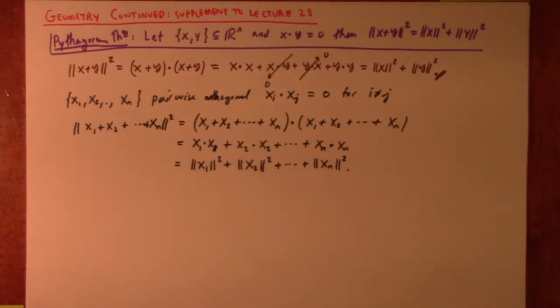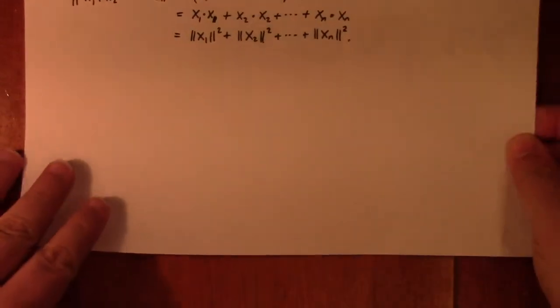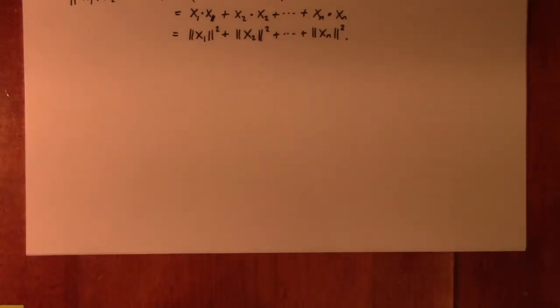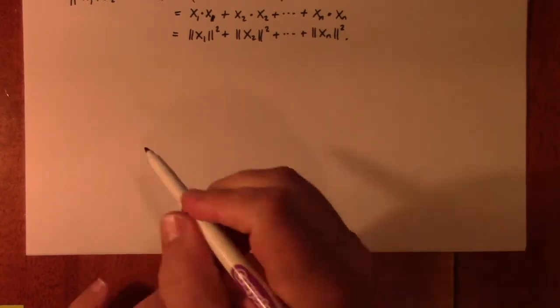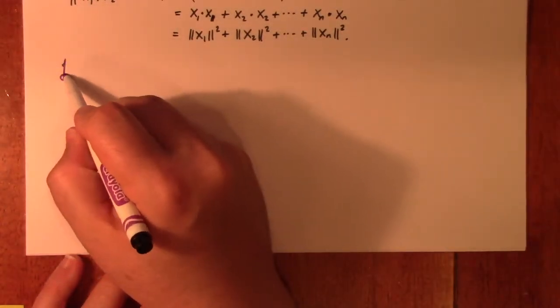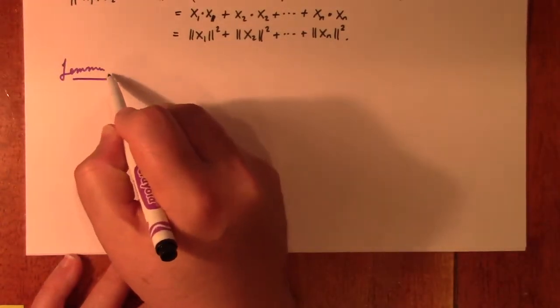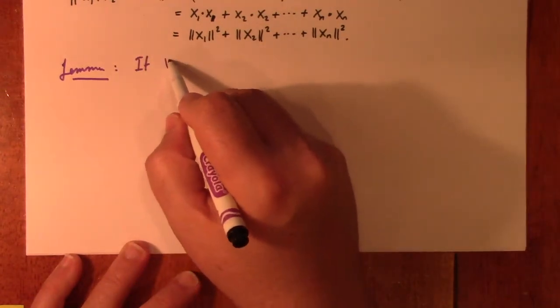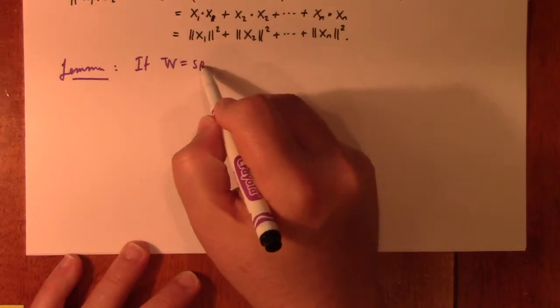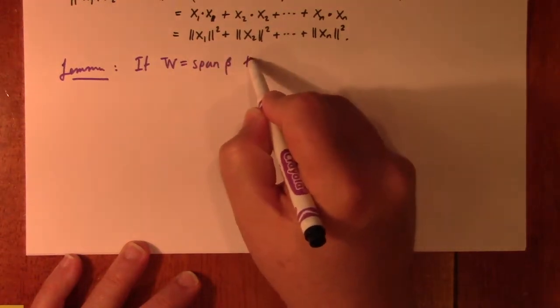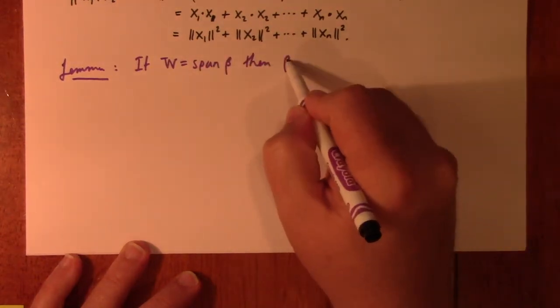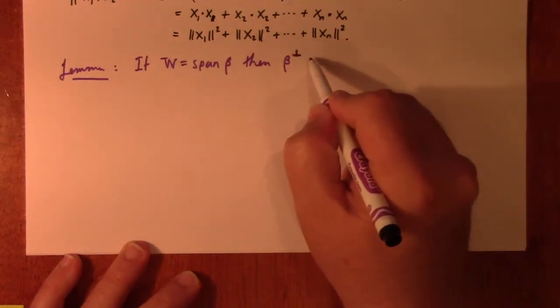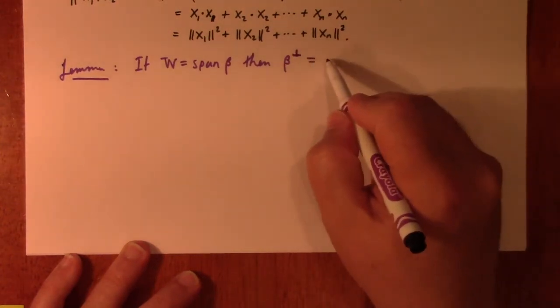So the lemma that we claimed was what? What was that lemma? We said that if W was equal to the span of beta, then beta perp was equal to W perp.